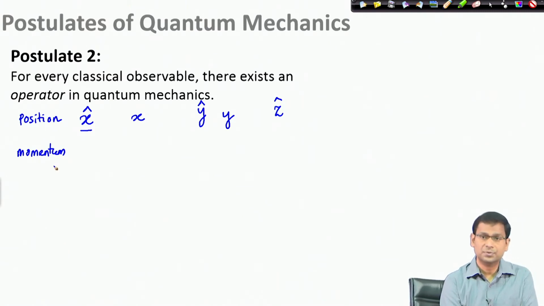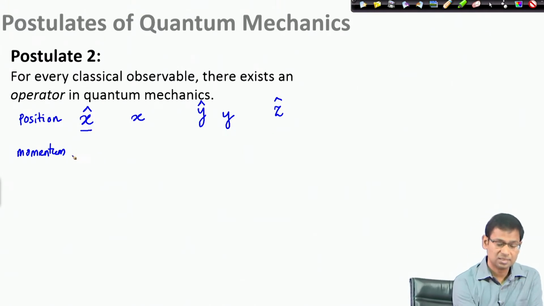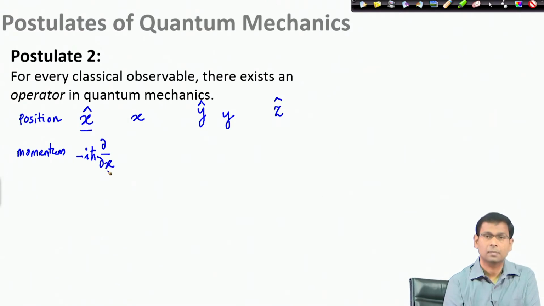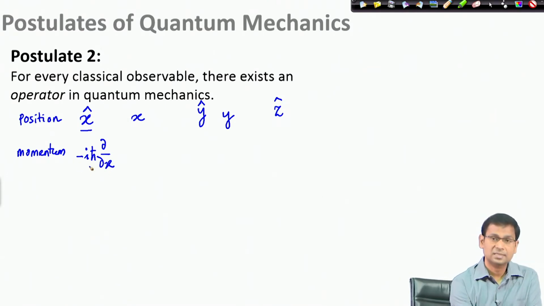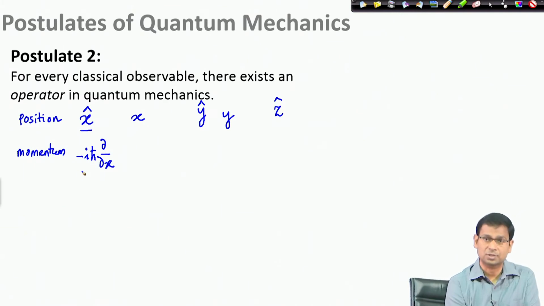The classical observable momentum corresponds to a quantum mechanical operator, and this quantum mechanical operator along the x axis is given as minus i h bar, where i is the imaginary root, h bar is the Planck's constant h divided by 2 pi, and I am using a partial derivative notation, d by dx.